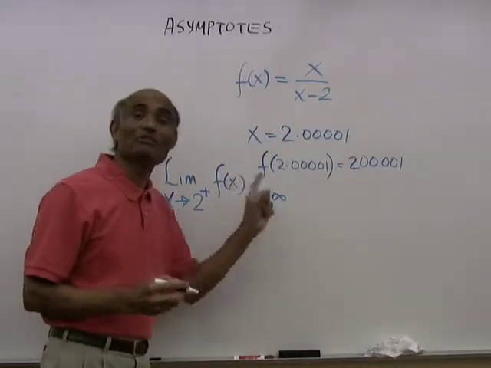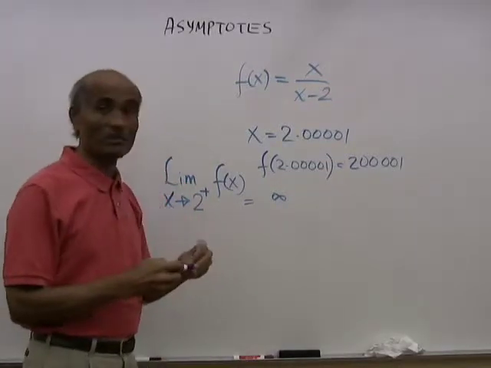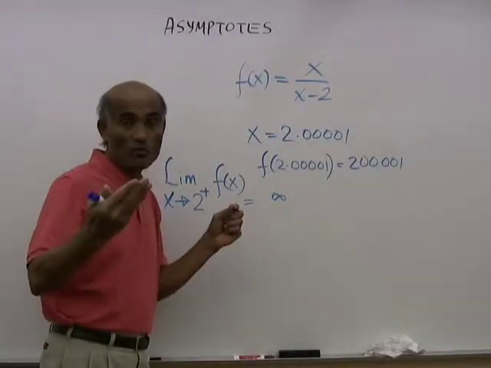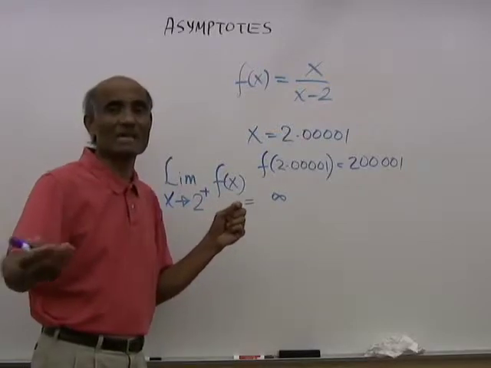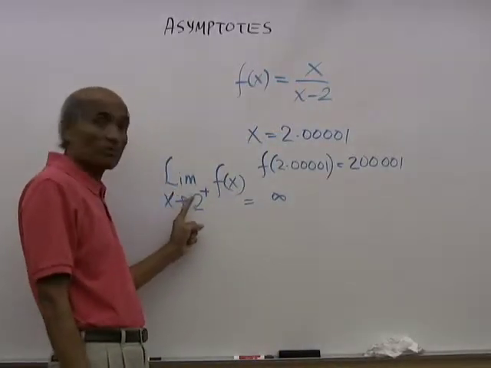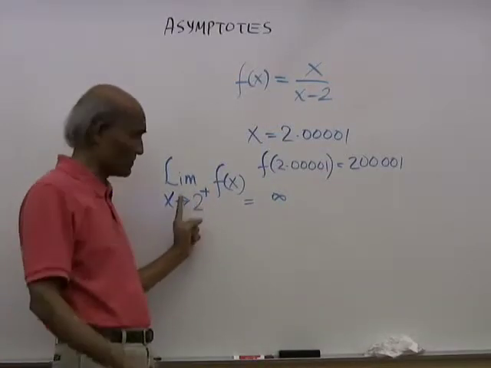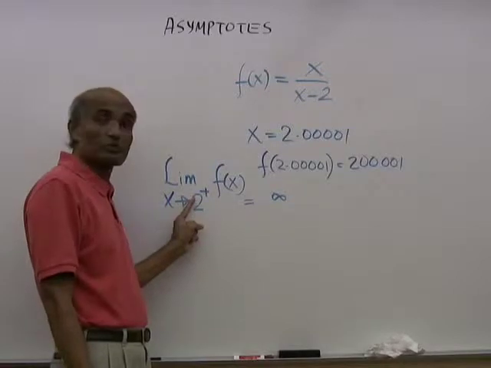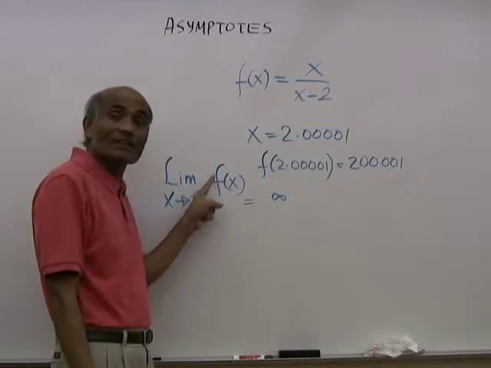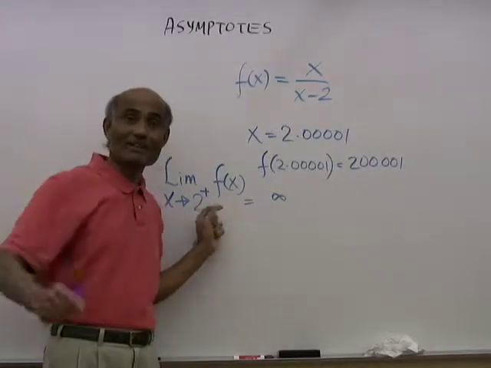Now, this is the definition of a vertical asymptote. Listen to this carefully and learn what a vertical asymptote is. As x gets closer and closer to a particular value, here in this case it is 2, as x gets closer and closer to 2 from the right, the function value goes to positive infinity.